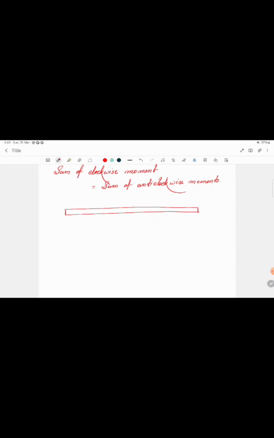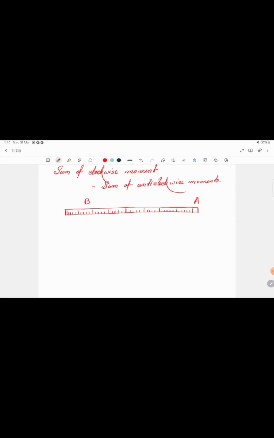This point is, suppose, A, and in between suppose we call this point B. A meter rule should be like this.